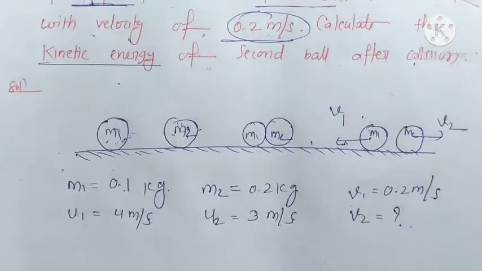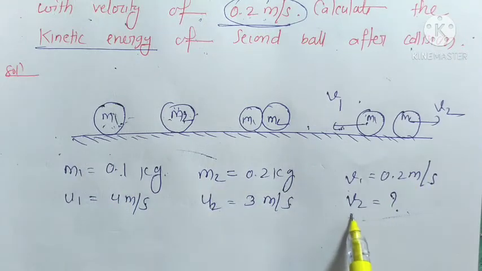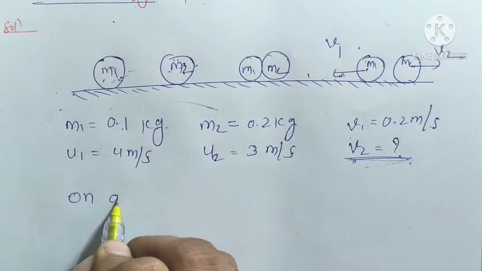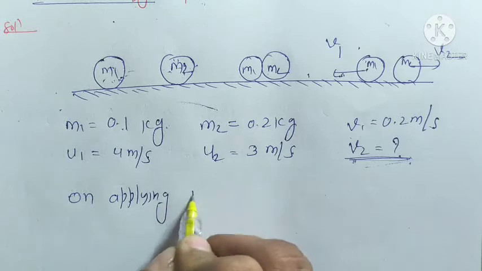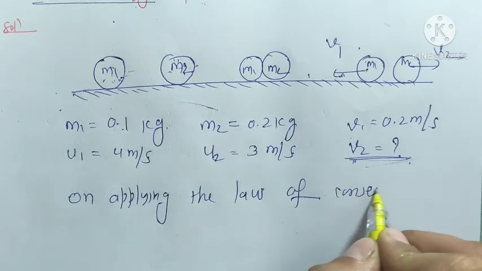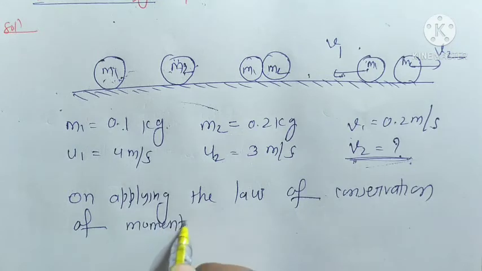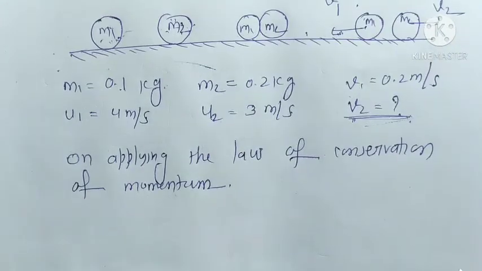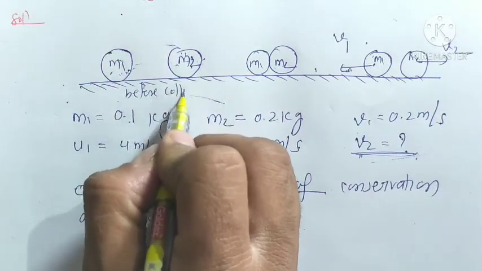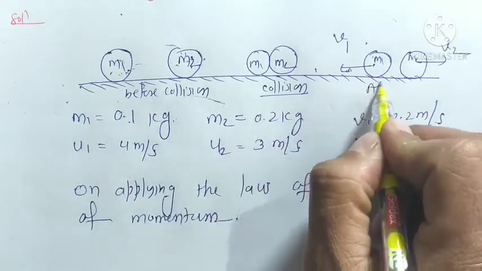Now, with the use of all this given data, we have to find the value of v2. So we already know that on applying the law of conservation of momentum, firstly this is the condition before collision, this is the collision, and this is the condition after collision.